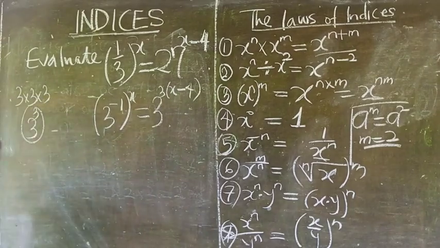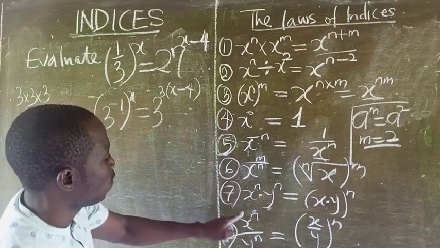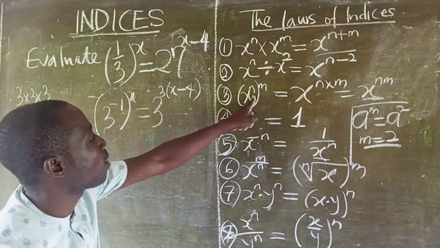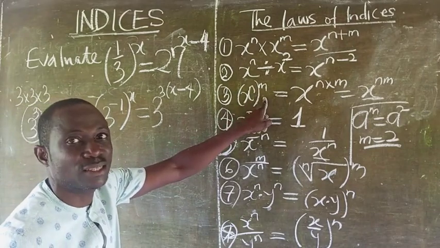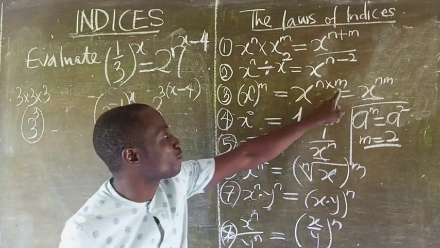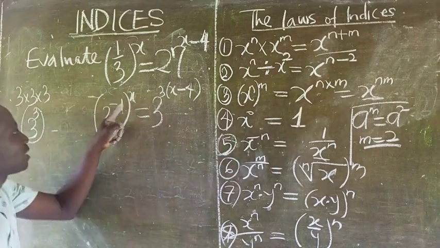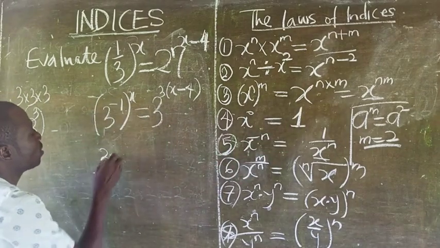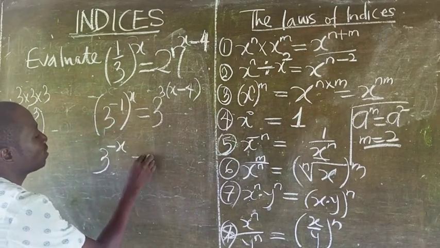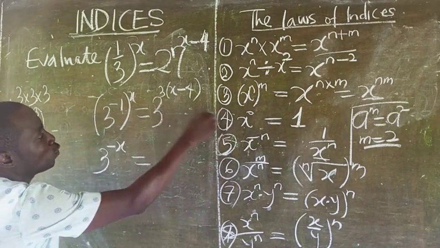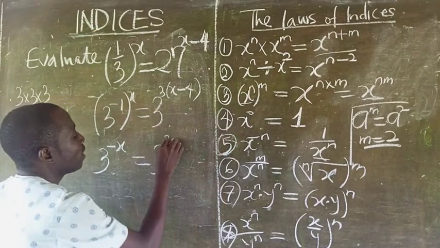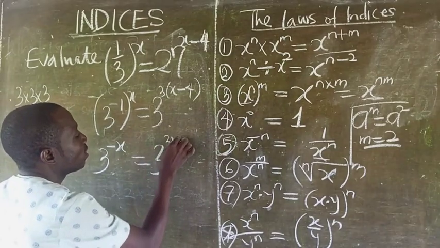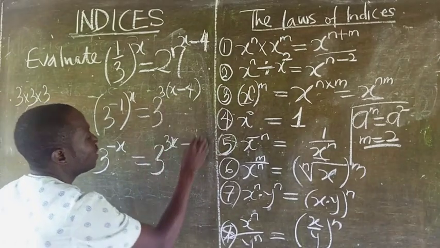You see, so we are going gradually. And if you remember this, when you have the power rule, the power multiplying power both inside and outside the bracket, the law says we multiply the two. So you see minus 1 is multiplying x, that becomes 3 raised to power minus x is equal to, to open this bracket also with the help of this same law, 3 times x will be 3x, minus 3 times 4, that is 12.